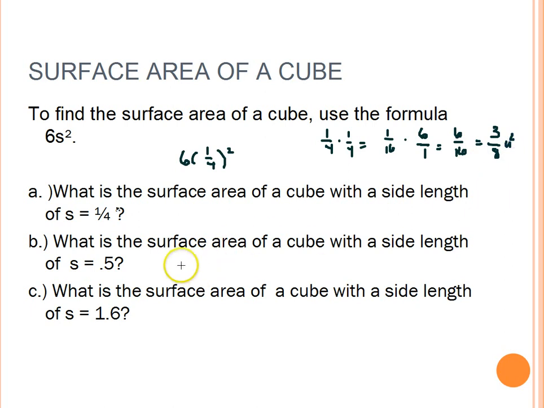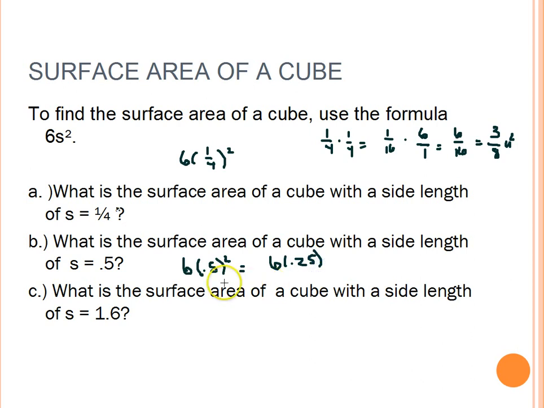In this case, for 0.5, it's going to be 6 times 0.5 squared. That's how I would substitute it in. I have to find 0.5 times 0.5. So that makes 5 times 5 is 25. 2 decimal places makes it 0.25. So I'll have to do 6 times 0.25. Notice how I just did that in my head. I didn't have to write it out.